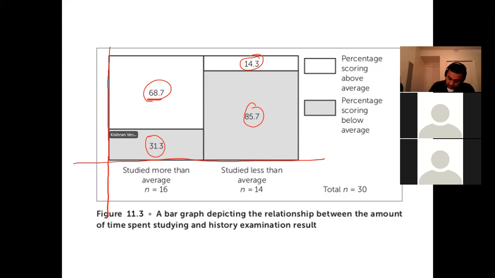With this being 0, 10, 20, 30, 40, 50, 60. And same here. So you can plot it as a graph, but even as a box and an area, you can go ahead and represent your data.